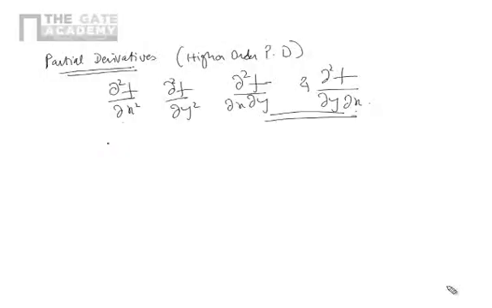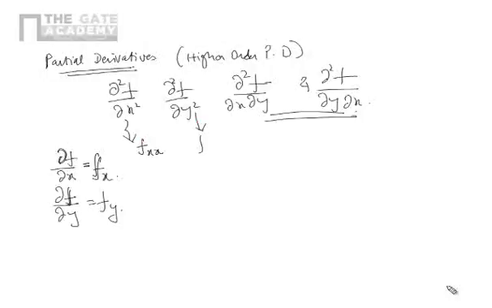Now I am a bit lazy in writing, so let me introduce some notations to write these things. I call dou f by dou x, it's just a notation many books follow, I will like to follow it for the sake of simplicity in writing. I will call this as fx. Similarly, dou f by dou y, I will like to call it as fy, f suffix y. So similarly, dou square f by dou x square, I will like to call it as fxx.